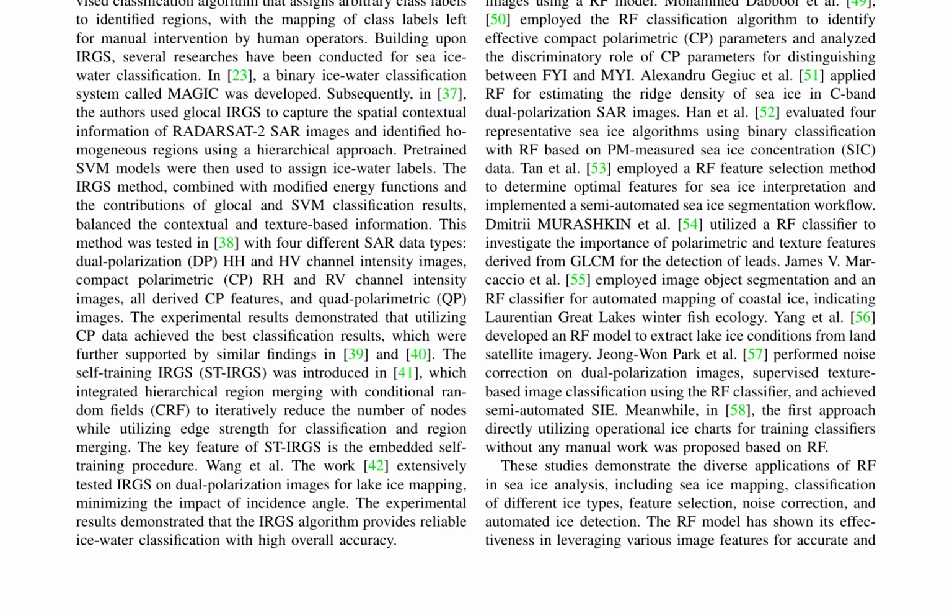The integration of IRGS with different classification methodologies, such as supervised labeling using RF, has further enhanced sea ice classification. Moreover, the combination of IRGS with pixel-based predictions from Bayesian CNN has improved the distinction between sea ice and water. These researches highlight the versatility of machine learning-based methods, including IRGS and RF, in advancing sea ice analysis and improving classification accuracy.